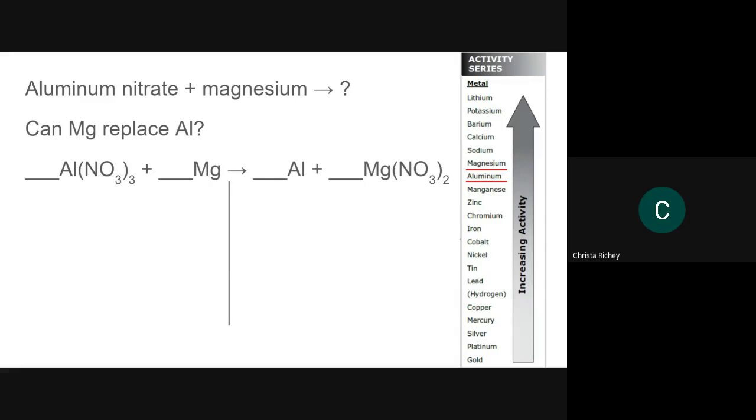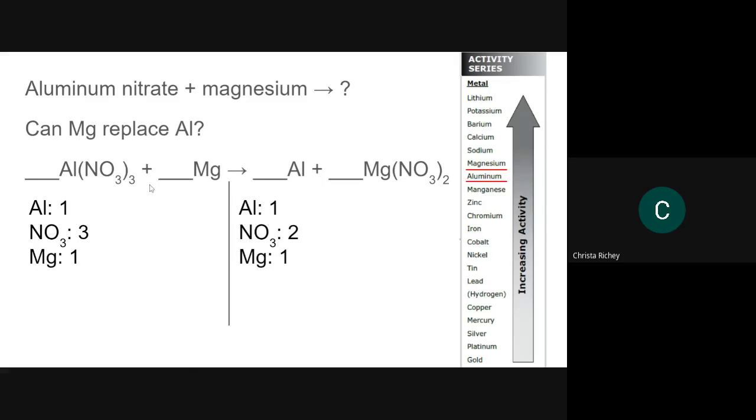And then I need to crisscross. I need 1 magnesium for every 2 nitrates. And then you can balance it. So all I did, for those of you that are remote, is talk through how to crisscross the charges, which you still have to be able to do.